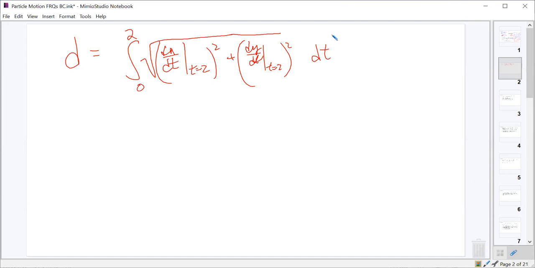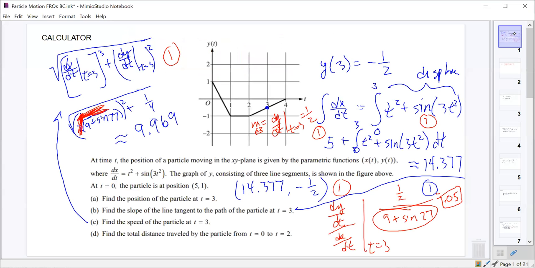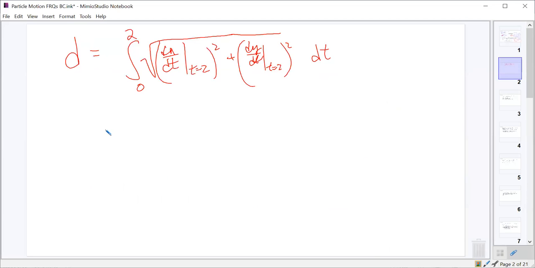So our value of dx dt at 2 should be 4 plus the sine of 12, with nothing else attached to it. And then our value of dy dt at t equals 2.